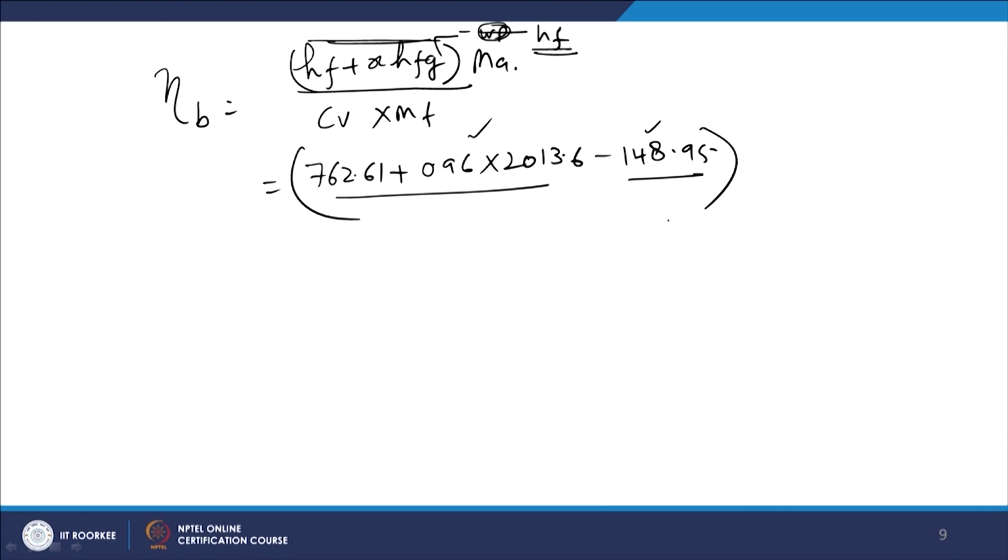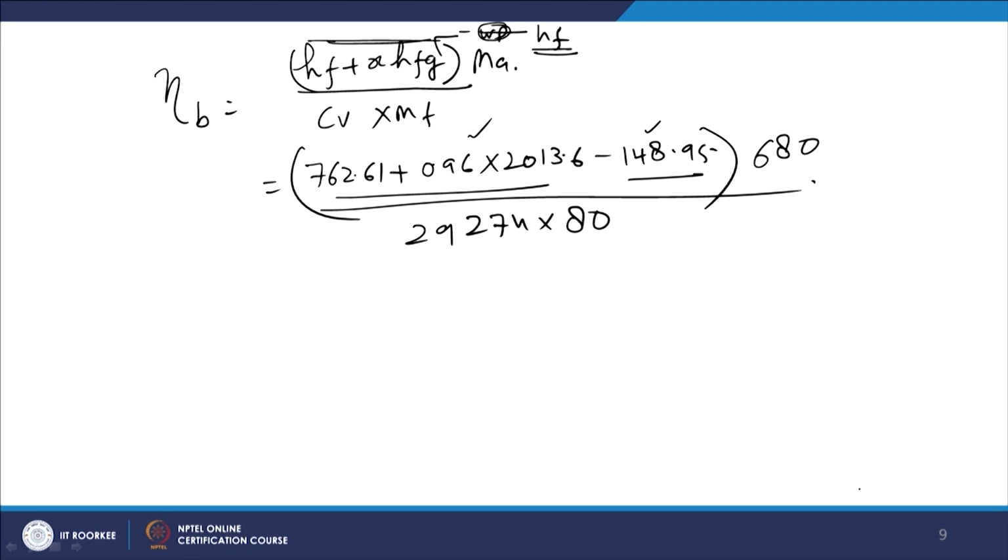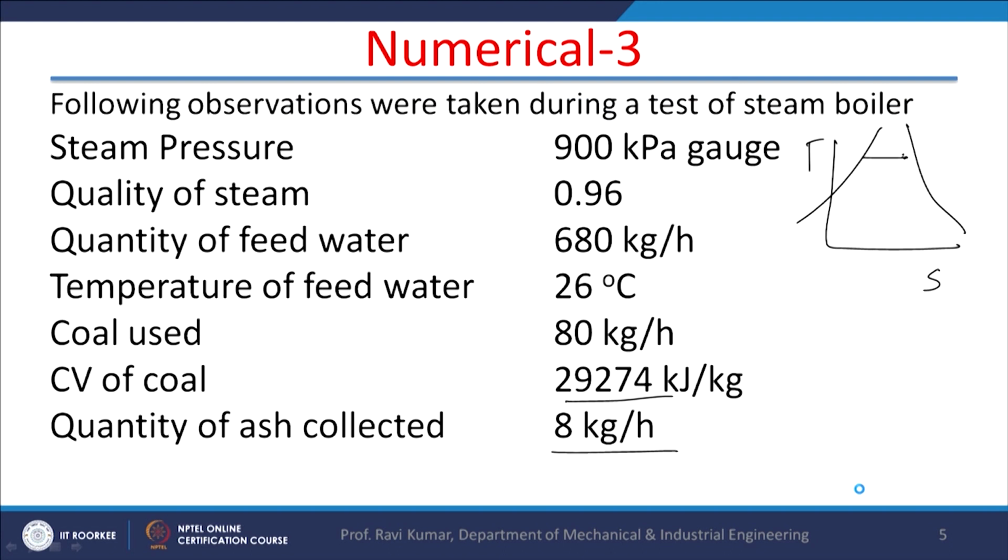and this is multiplied by 680, the amount of steam generated. Calorific value is 29274 into the amount of coal burned, which is 80 kg per hour. If you look at the values, the quantity of feed water is 680, so that is why I have multiplied by 680.